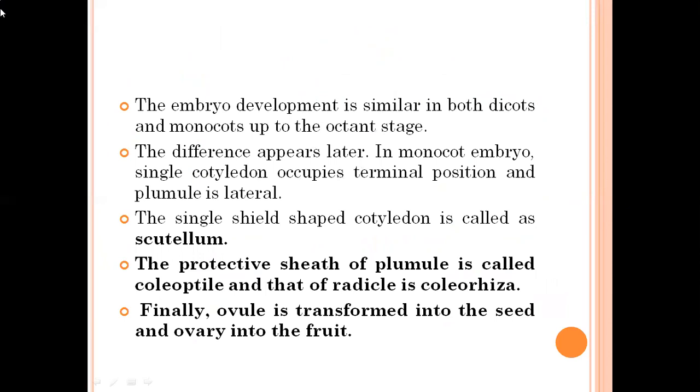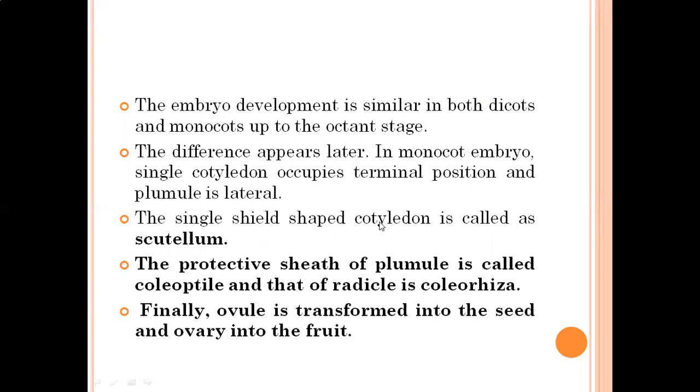Sorry, in monocot embryo, single cotyledon occupies terminal position and plumule is lateral. So in case of monocots, you know that there is a single cotyledon and it occupies the terminal position, the apex, and plumule is lateral, means it is present on either side.